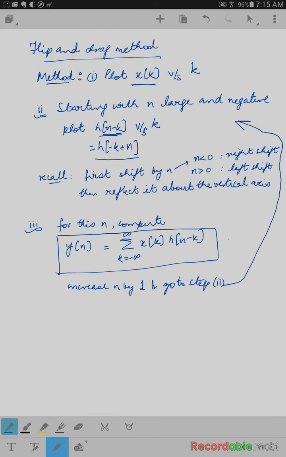But what happens is that this flipping, drawing h of n versus k, which flips h of n minus k, is actually a useful intuitive technique to understand what the convolutions will look like in the continuous time domain, more so than in the discrete time domain.